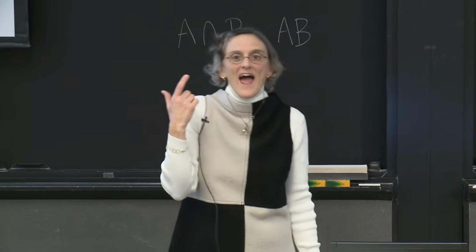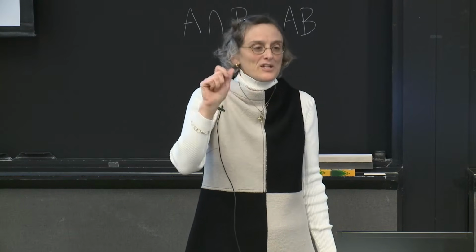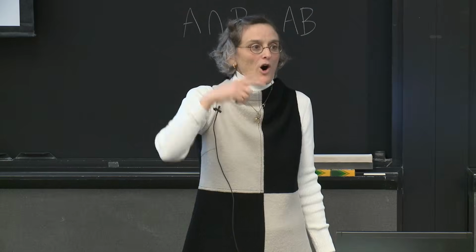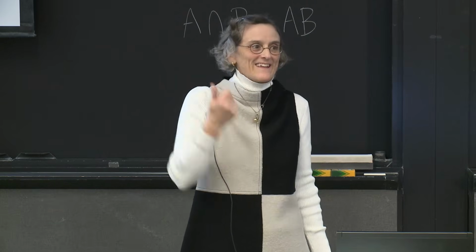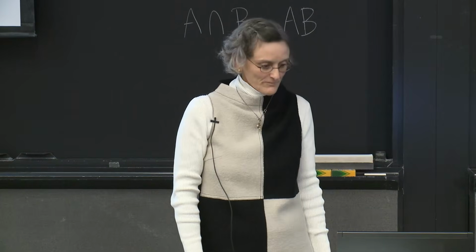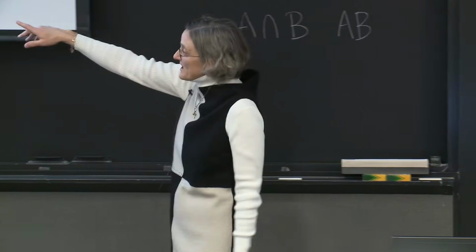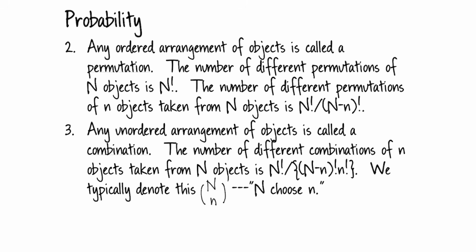I think of that as making sure we're not double counting all of the different orderings, so you take out the orderings by dividing by little n factorial. We typically denote this using notation called big N choose little n.